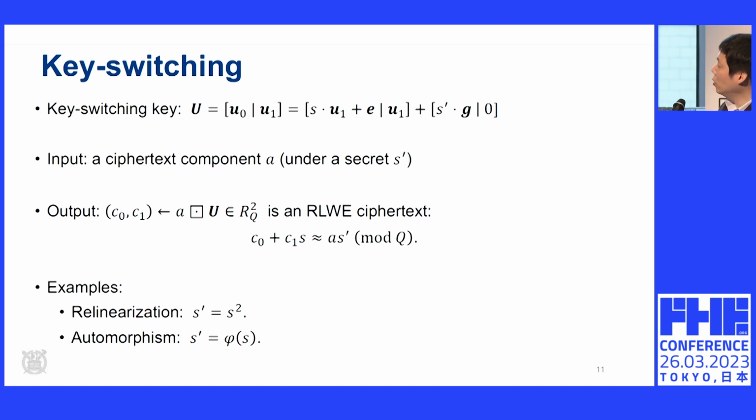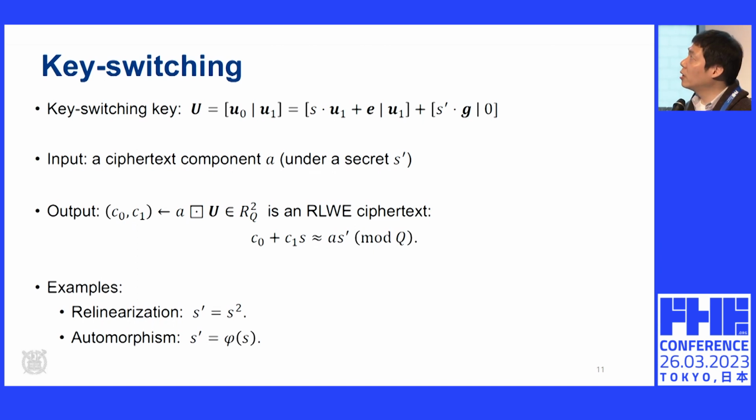In general, a key switching key from S' to S can be written in this form, where this part is simply a stack of many Ring-LWE encryptions, encryptions of 0 you can say, and here is the message S' times the Gaussian vector. For any ciphertext component A, if you compute the external product between A and U, you obtain a Ring-LWE ciphertext decryptable by S, which is approximately equal to A times S'.